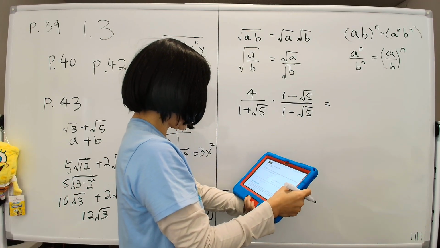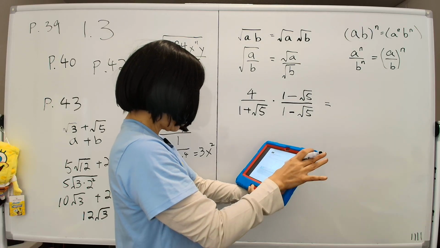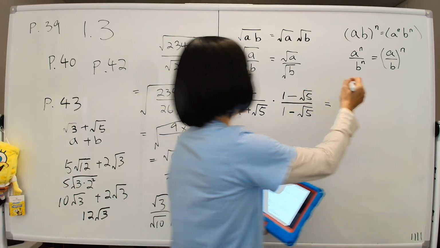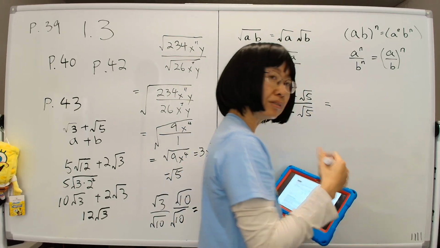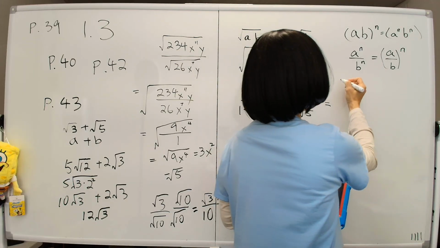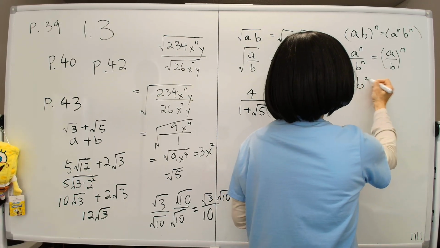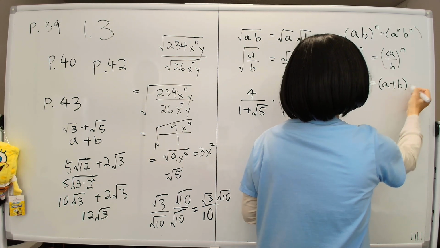is something your book hasn't really mentioned. So I'm just going to write this down. This is an extremely important equation that we will go into detail in the next section if you have forgotten about it. Here's the point: a squared minus b squared equals a plus b times a minus b.